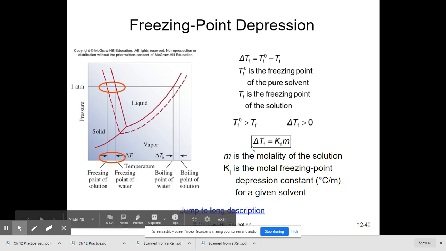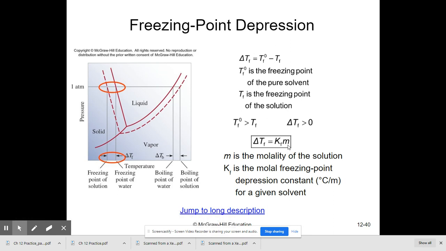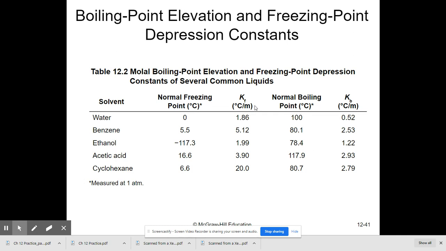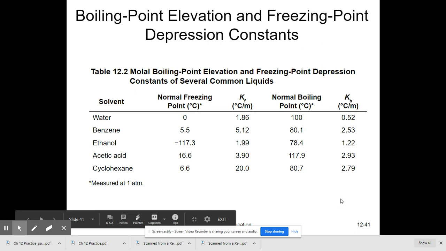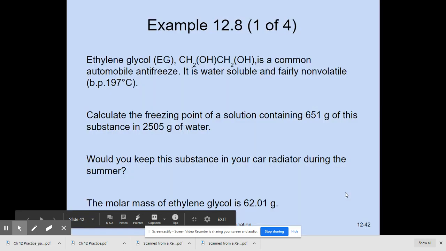And again, the change in the temperature is K times the molality. So same thing, the more ions or the more concentrated that solution is, the bigger the difference in the freezing point and the boiling point. There are some constants that are common for both freezing point and boiling point that we could use. You can look at the normal boiling point and then that constant if we are calculating at 1 atmosphere.